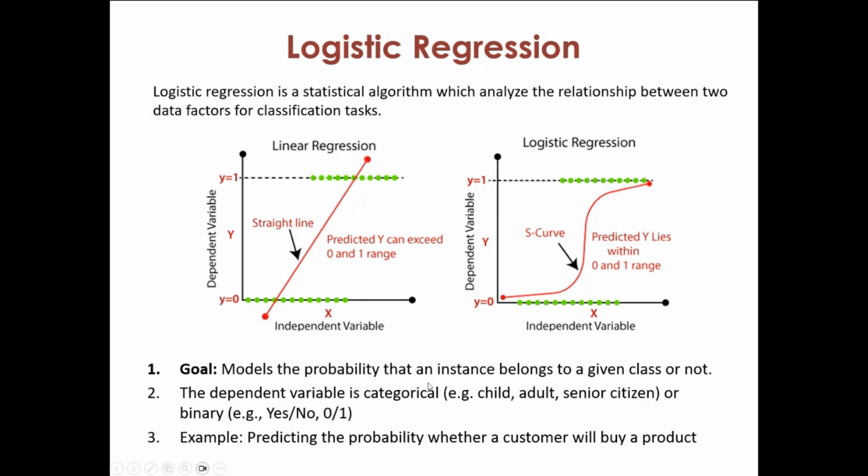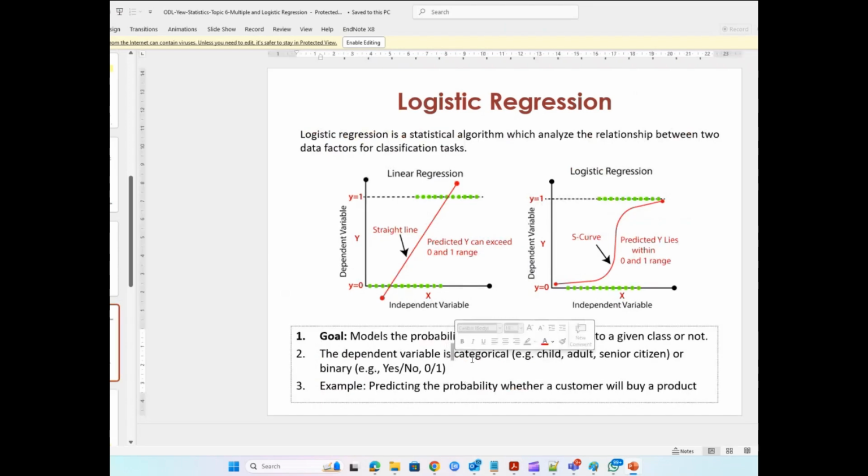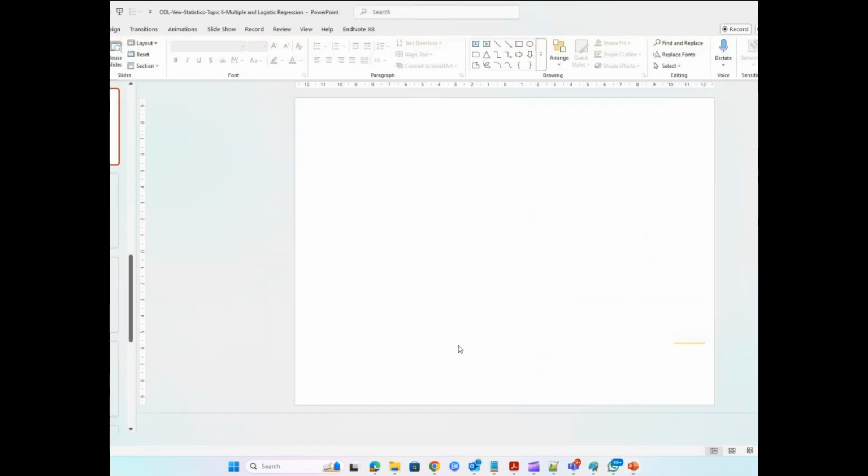Oh, okay. A point of correction here. The dependent variable is categorical, and it must be binary. Sorry, it's not like child, adult, senior citizen, because that would be 3 categories already. For logistic regression, it will be binary, 2 categories only. So there's a typo here, let me just fix it. It's binary.